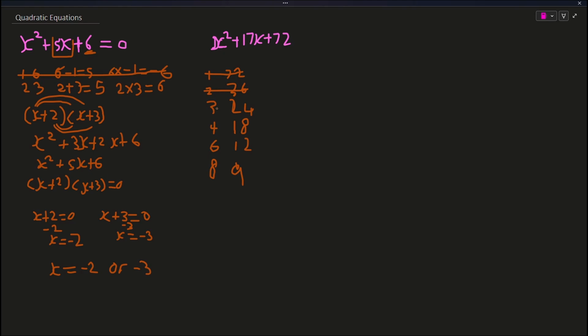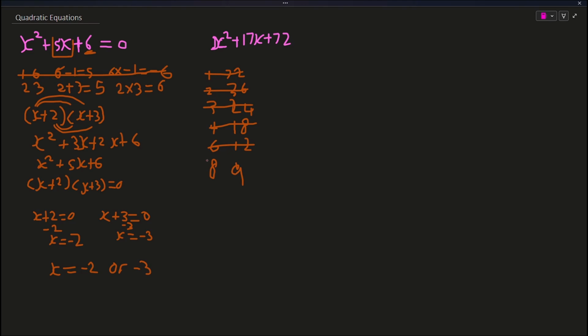24 plus 3 is 27, minus 3 is 21, so it's going to be plus or minus 21. No, it's a bit closer, but 18 plus 4 is 22, minus 4 is 14, so no. 12 plus 6 is 18, 12 minus 6 is 6, so no. 8 plus 9 is 17.